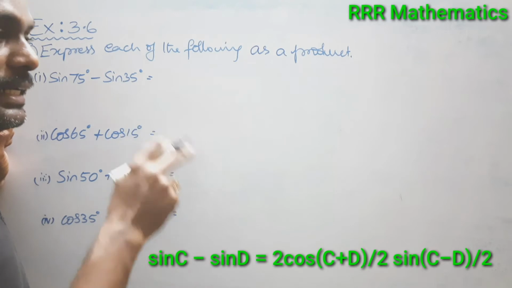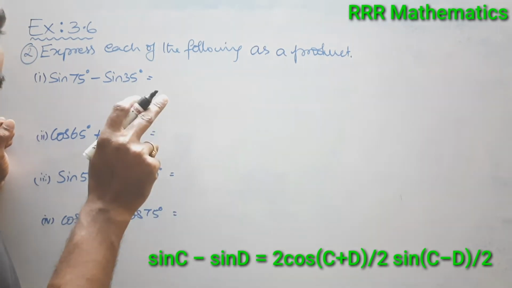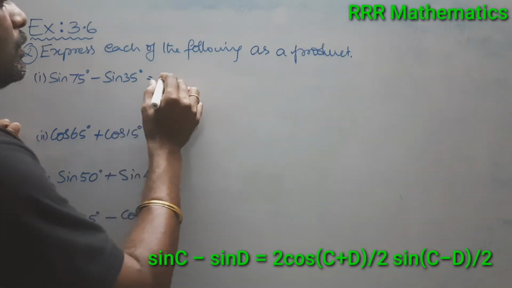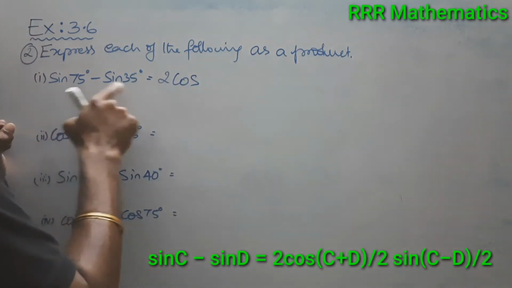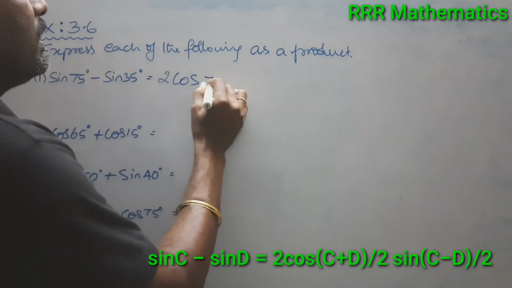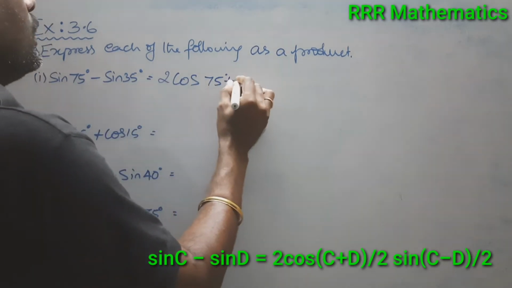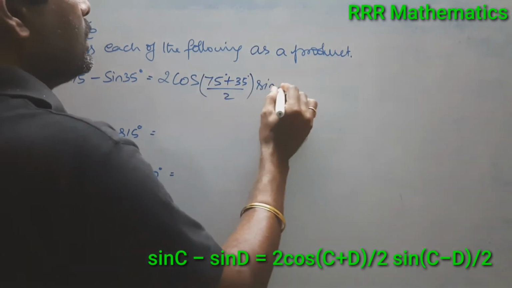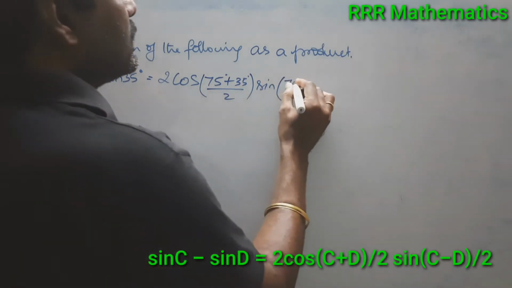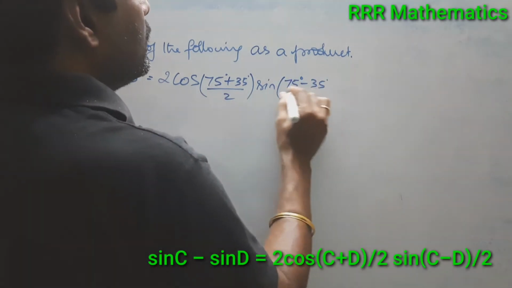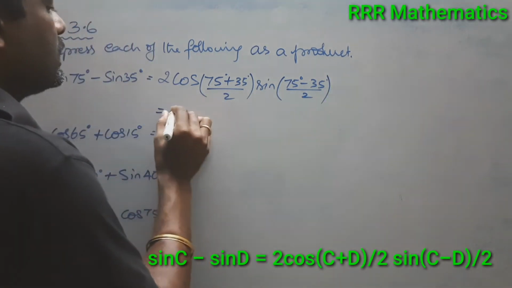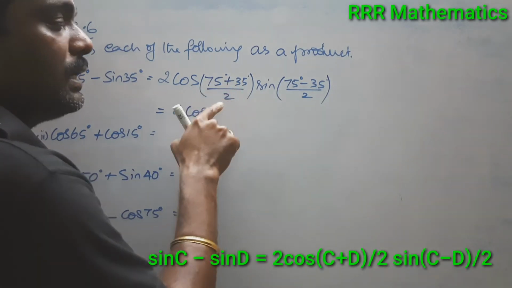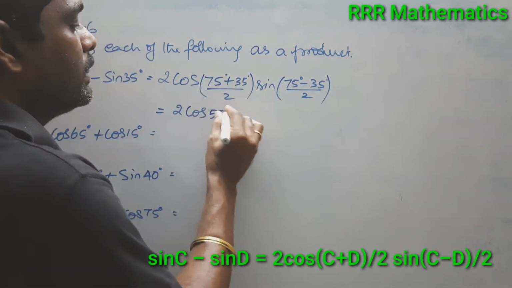Sin C minus sin D is equal to 2 cos (C plus D) by 2 into sin (C minus D) by 2. So 2 cos (75 plus 35) by 2 into sin (75 minus 35) by 2, which gives 2 times cos of (75 plus 35), 110, 110 by 2 gives 55 degrees.